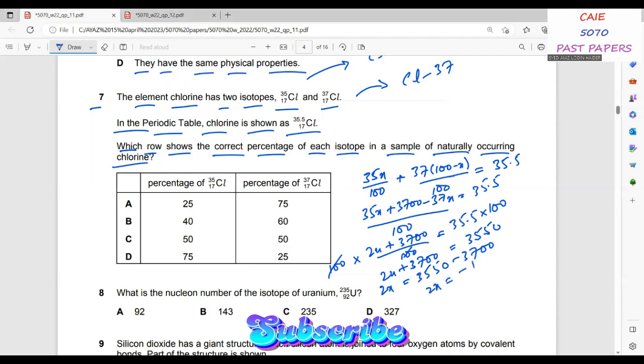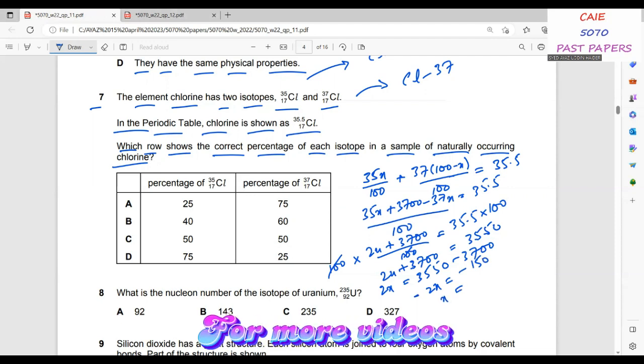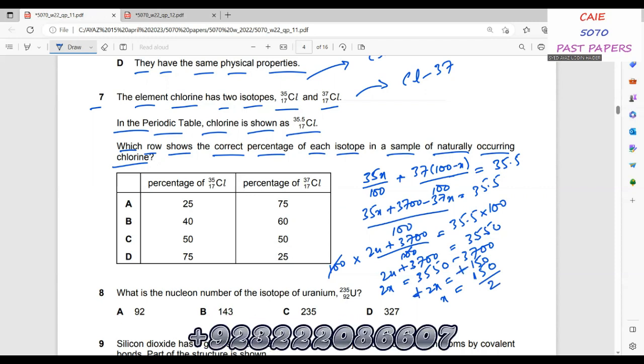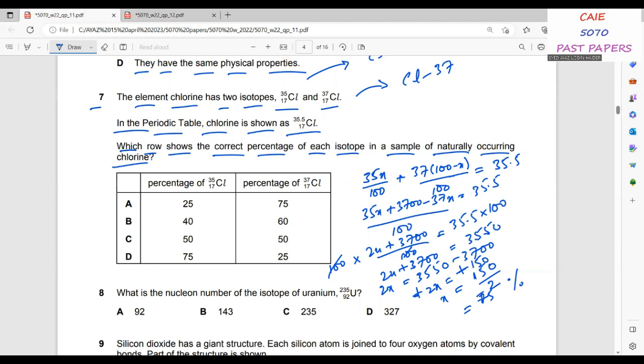So X is equal to 150 divided by 2. I've cancelled out the minus sign on both sides. So 150 divided by 2 is 75. So chlorine 35 will be 75%. So chlorine 37 will be 100 minus 75, which is 25. So automatically D will be the right answer for this question.